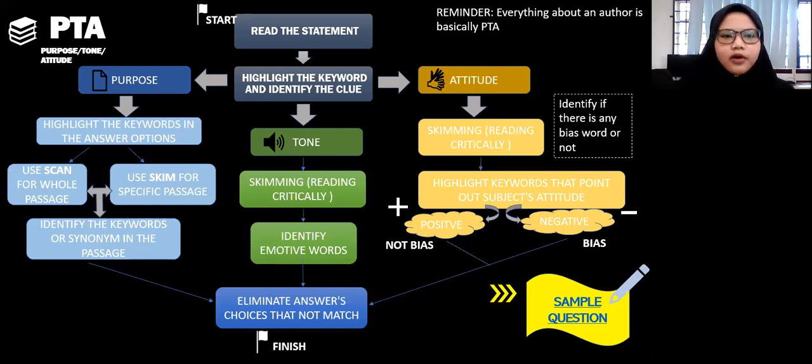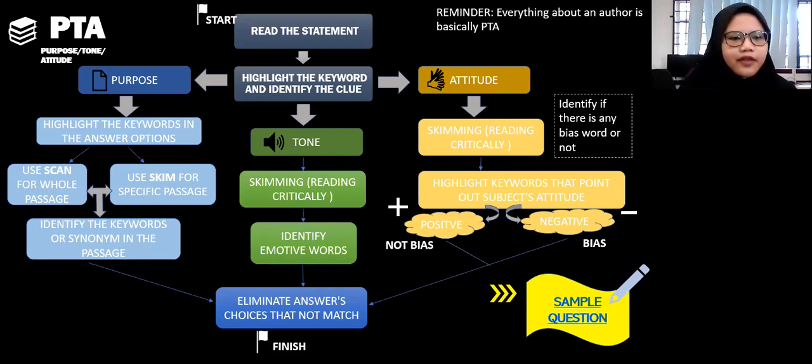You need to highlight those keywords and identify the clue to make sure that you know what to find. Moving on to purpose, after you highlight and notice that the question wants you to find the purpose, the first thing to do is to highlight the keywords in the answer options. There will be 3 or 4 answer options, and every single option uses a different verb, which also requires your knowledge.